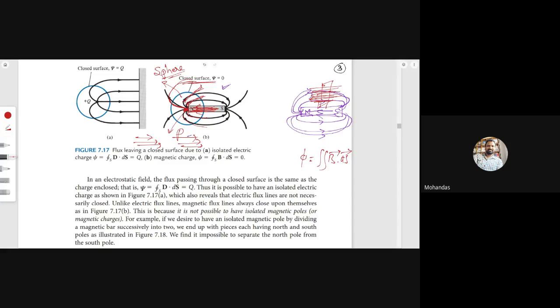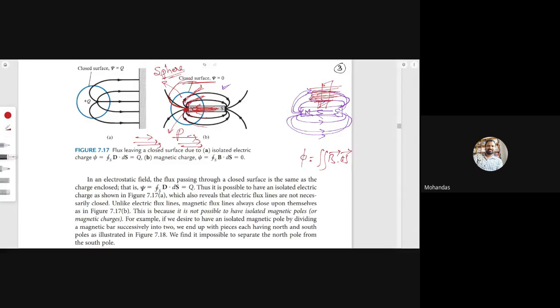Now, at that particular point, if you take a closed surface, as the same number of flux lines are entering and the same number of flux lines are leaving, then the net flux leaving that surface is equal to what? Please understand my question.